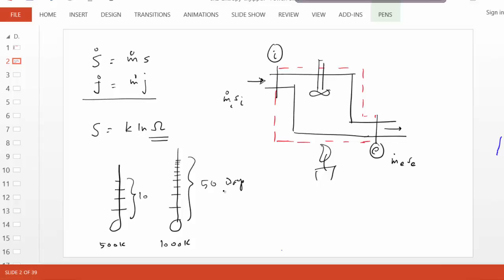But let's try to understand what happens when heat crosses the boundary. When heat is crossing a boundary by conduction, you don't have to know exactly how the heat transfer happens, but in general, there is always molecule to molecule transfer. So the molecules on the red boundary have higher kinetic energy than the molecules inside.